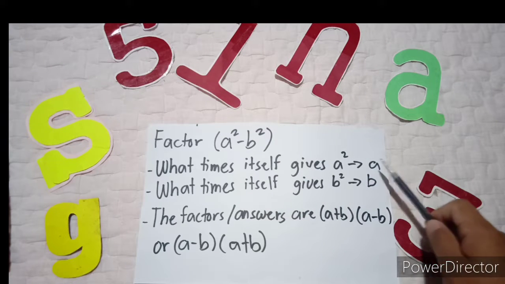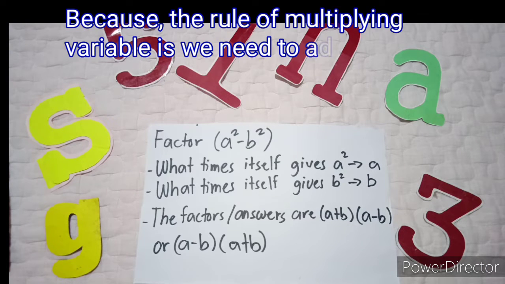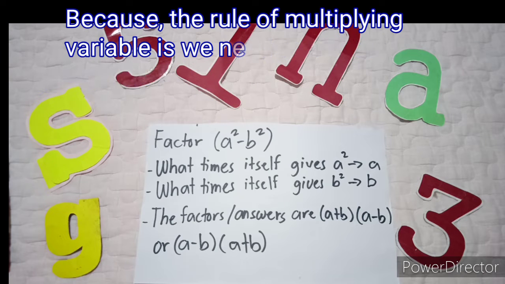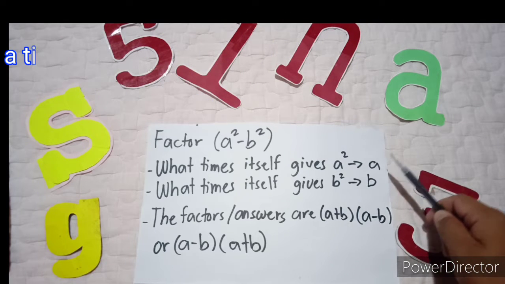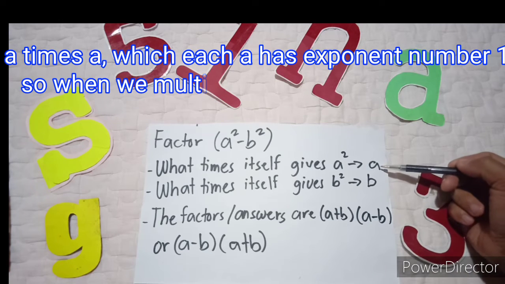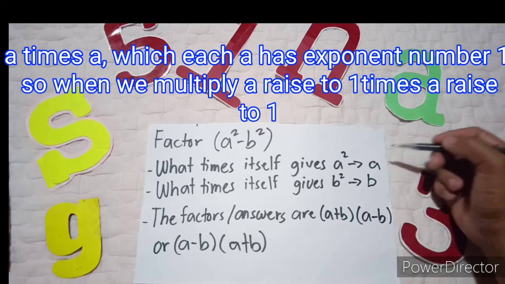The answer is letter a. Why? Because the rule of multiplying variables is we need to add the exponent of each variable. In this case, letter a times a, which each a has exponent number 1.